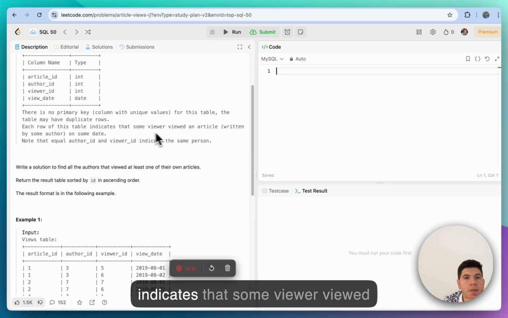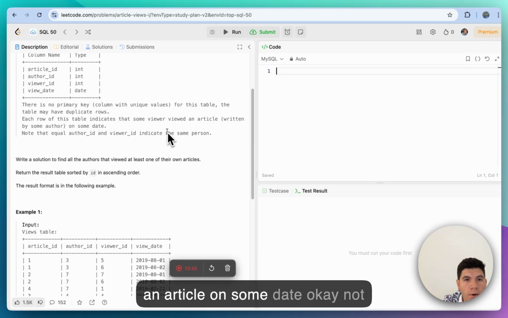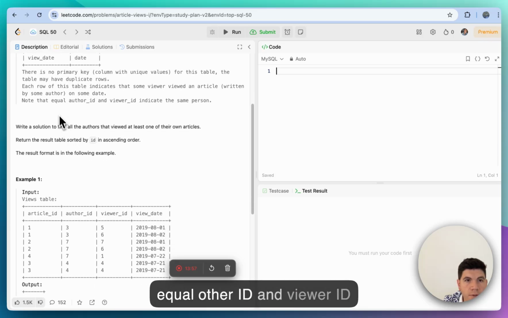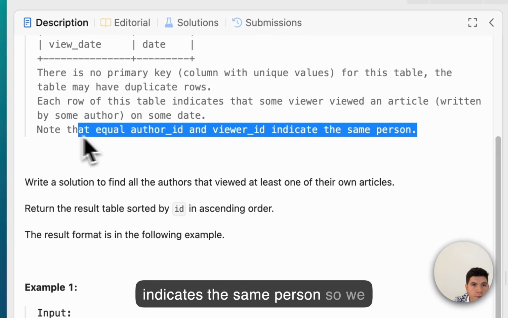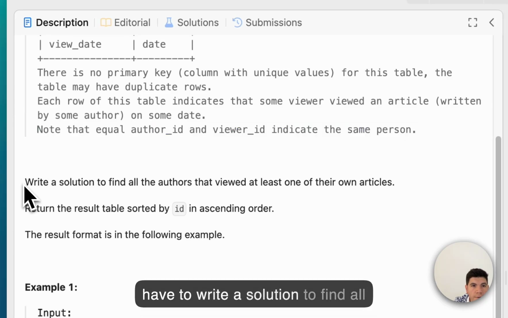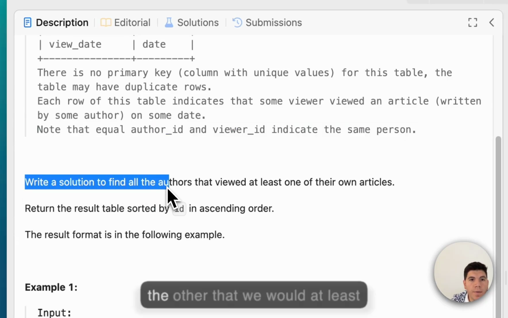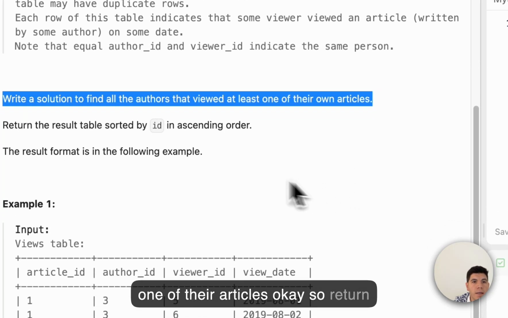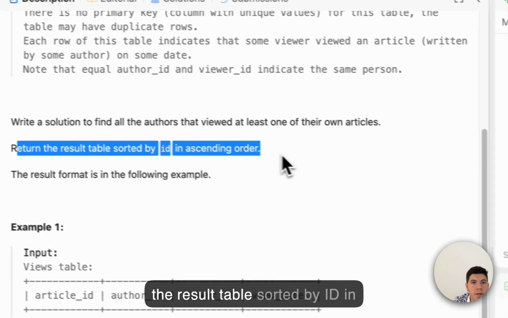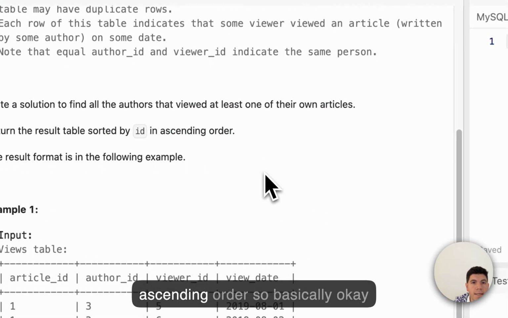Each row of the table indicates that some viewer viewed an article on some date. Note that equal author ID and viewer ID indicate the same person. So we have to write a solution to find all the authors that viewed at least one of their own articles. Return the result table sorted by ID in ascending order.